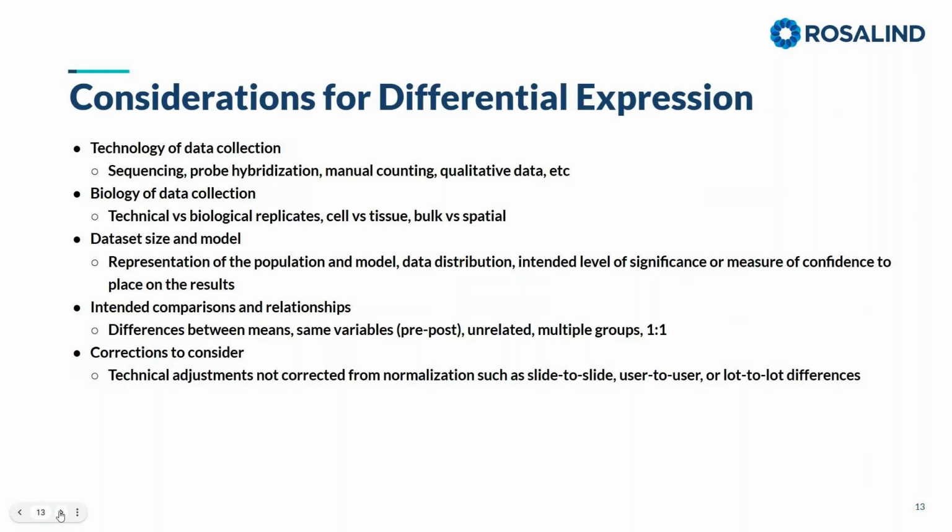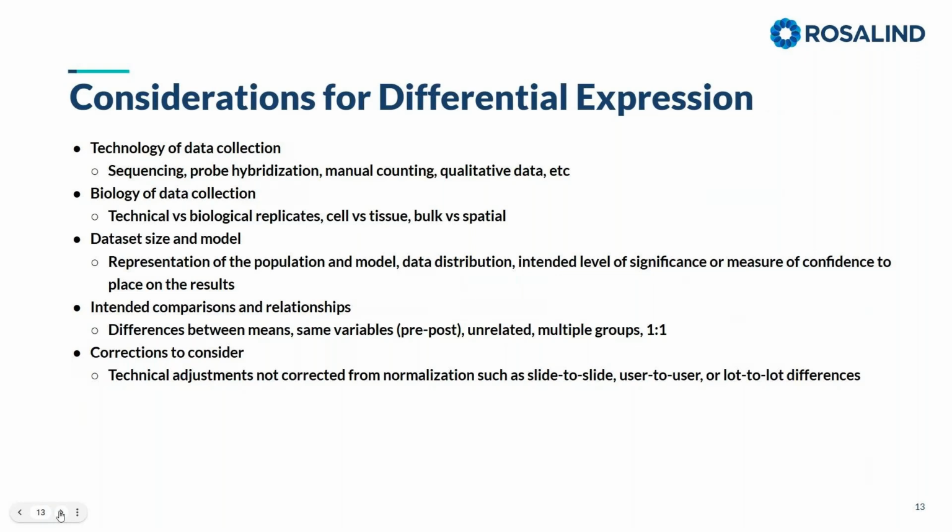What about the biology of your data collection? Did you take technical replicates? How about biological? Do you have both? What's the difference? How about cells? Is your biology from cell lines? Did you have enough cell lines? Did you take it from real tissue? What is the genome that you're using? Do you have a mouse line? Do you have human tissue?